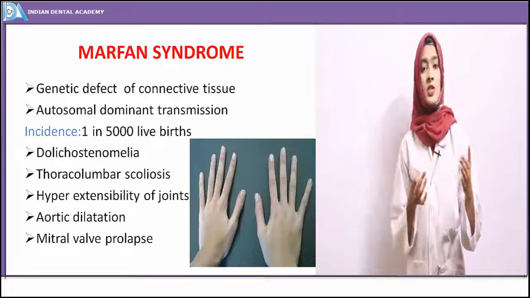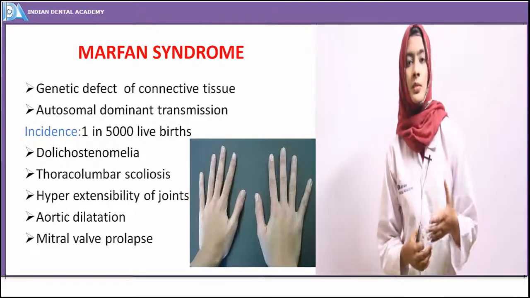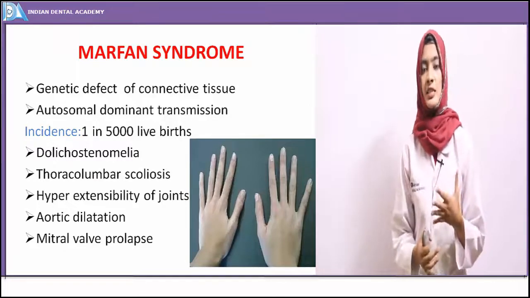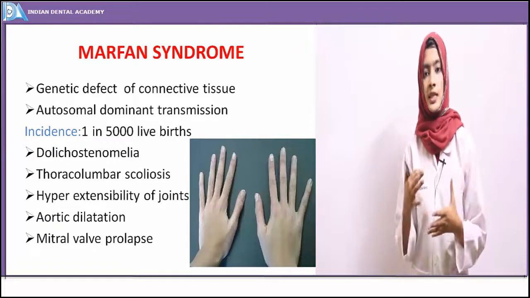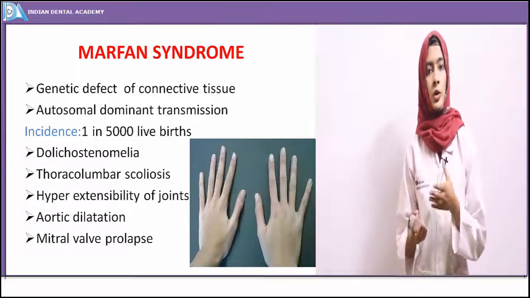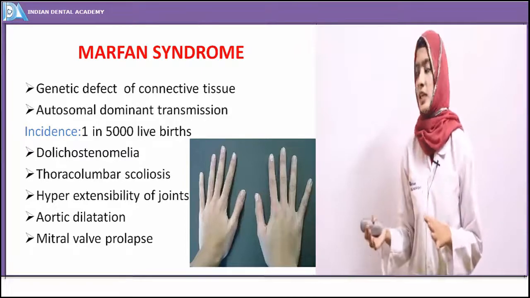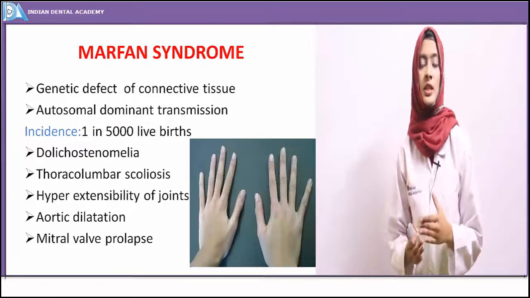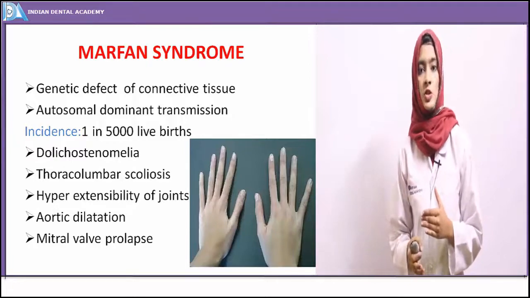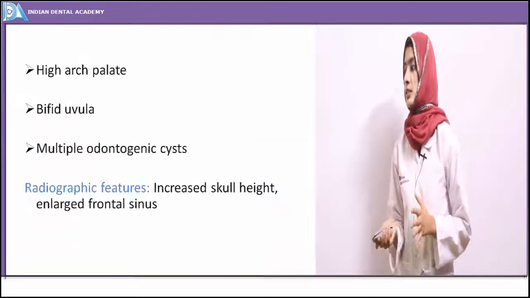So the presence of all these features which are affecting the skeletal system do not pose any harm in normal living or the normal well-being of the individual, but the congenital heart defects have to be taken care of. Adequate treatment has to be given as and when need arises.